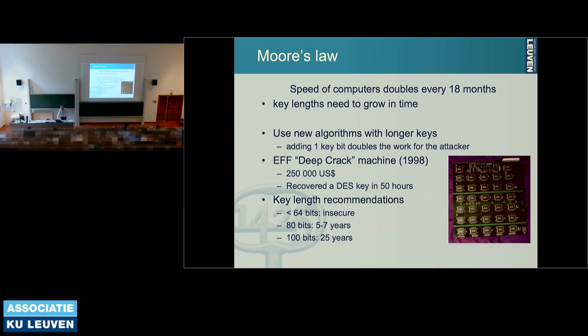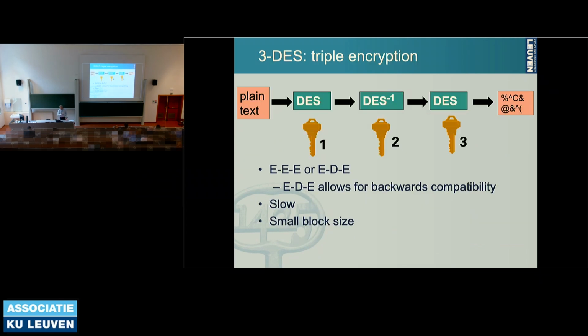Okay, so if DES is not good, what can you do? A first fix was to use what's called triple encryption or triple DES. You encrypt something with one key, then you apply DES in reverse with the second key, and then you encrypt again with the third key.